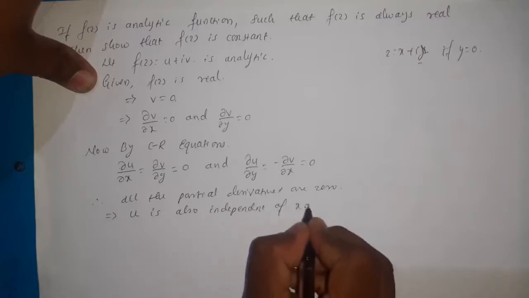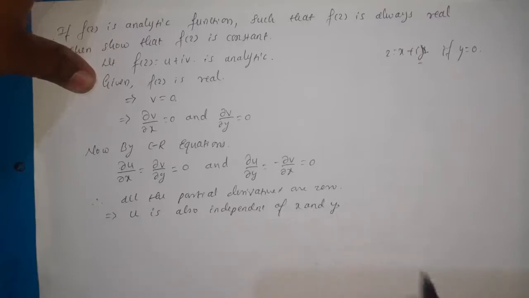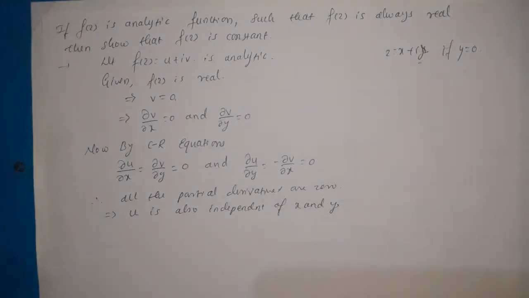of x and y, because here v is already 0 and u is not changing with respect to x and y. Differentiation means the function is changing with respect to x or y, but here dou u by dou x and dou u by dou y are equal to 0, which means the function is not depending on the variables x and y.